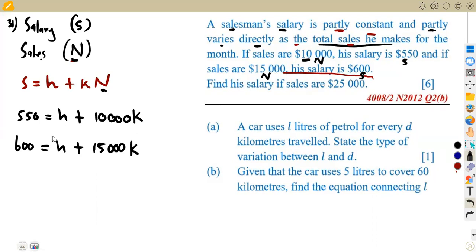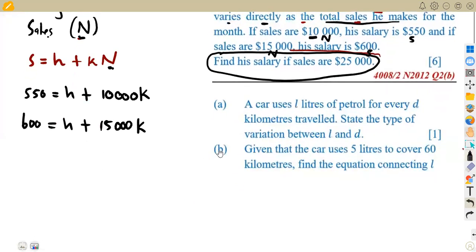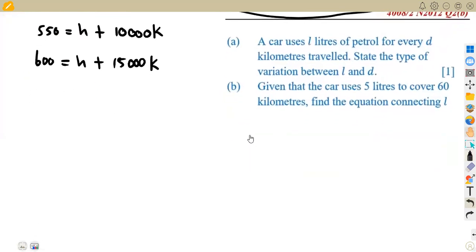Once you have this equation, solve first, because in order for you to find his salary, you must have a formula that connects the salary to the sales. So you have to solve for H and K. Even if you are not asked about that, you need to find the relationship between H and K. Since the H terms are the same, we can eliminate H by subtracting.